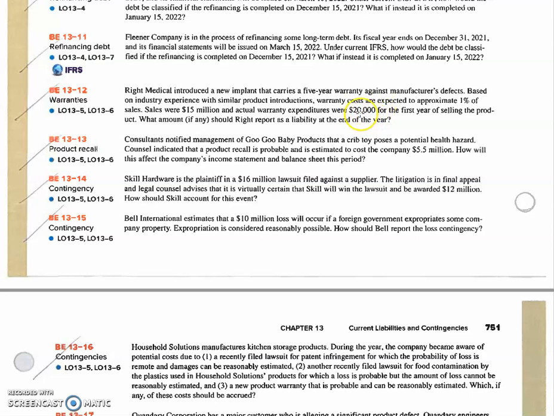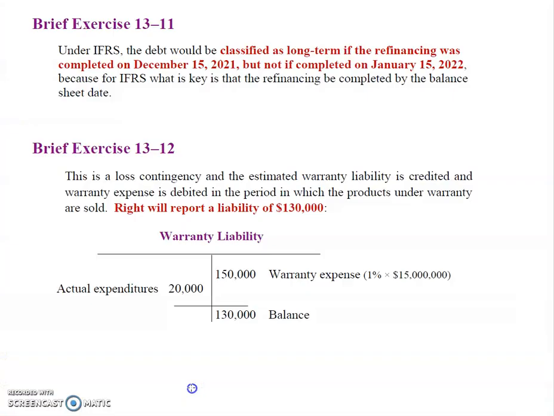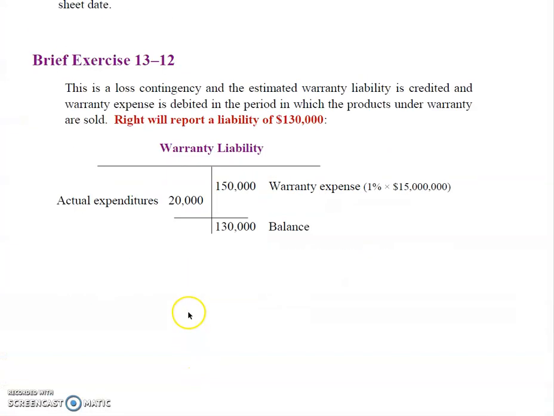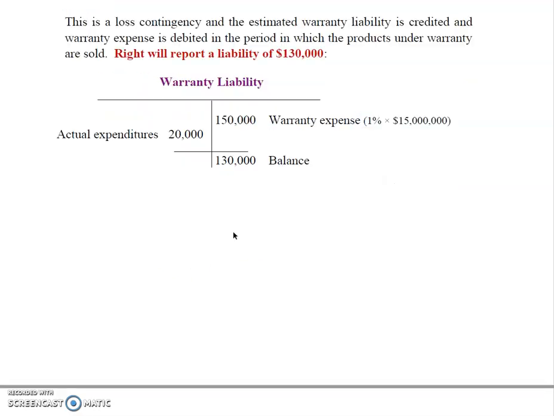So what's left in the warranty liability account? $130,000. So we see that right here. There are the warranty expenses, debit warranty expense, credit warranty liability. We actually pay those. We debit warranty liability, credit cash. So we're leaving a balance of $130,000.